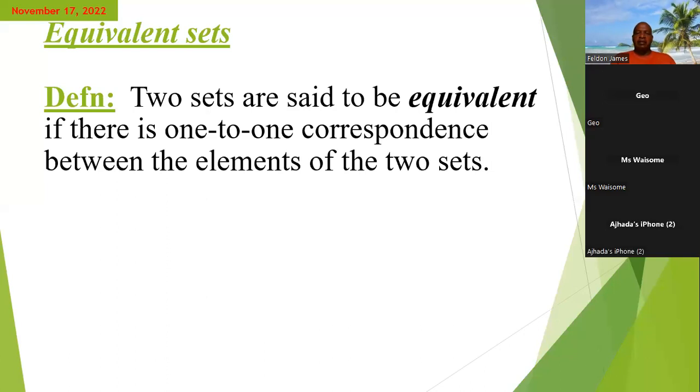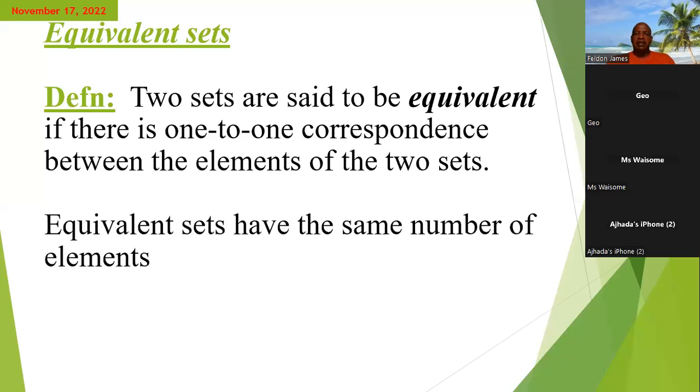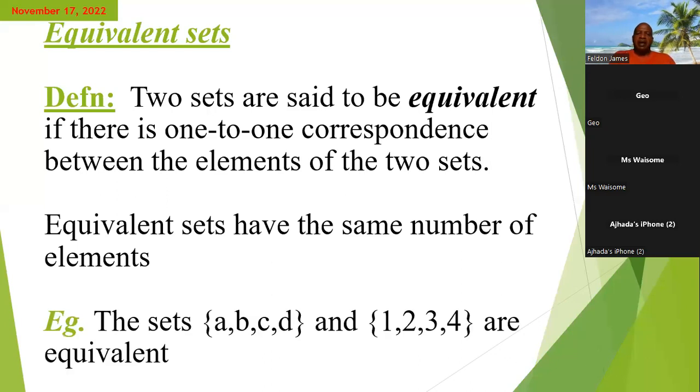Yes, sir. Okay, so one-to-one correspondence means sets that have the same number of elements and you can match one member to the other. They don't necessarily have the same members. All right, so equivalent sets have the same number of elements, but the members are not necessarily the same.